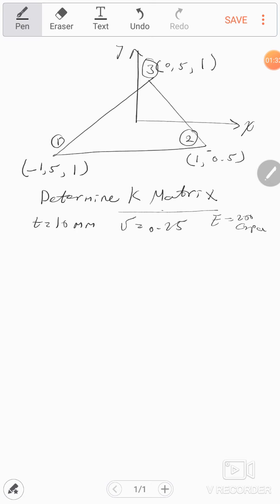So first of all, the K matrix equals A times T times B transpose times D matrix times B matrix.